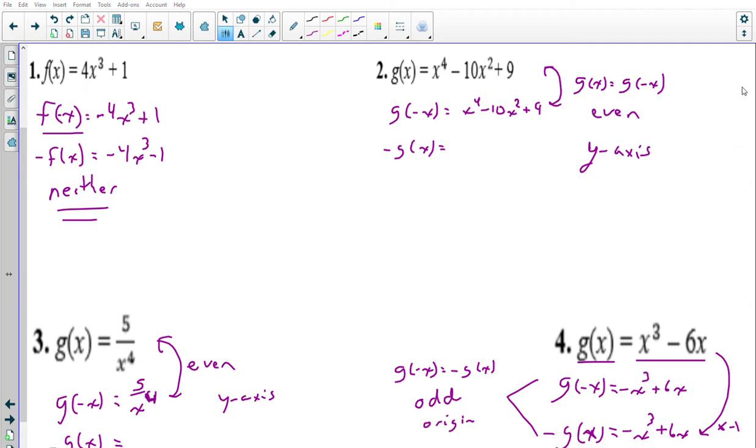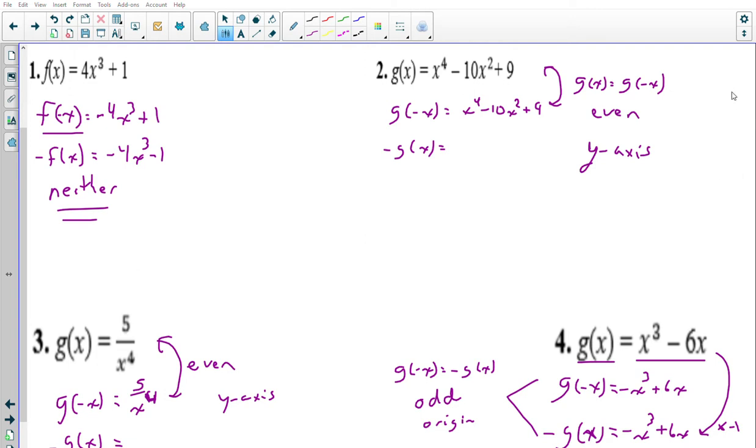And if I look at number 4, I'm going to see that it should be an odd function, which means it should be symmetric about the origin. When I graph that, you will see that every x, y is going to have a negative x, negative y on that graph.